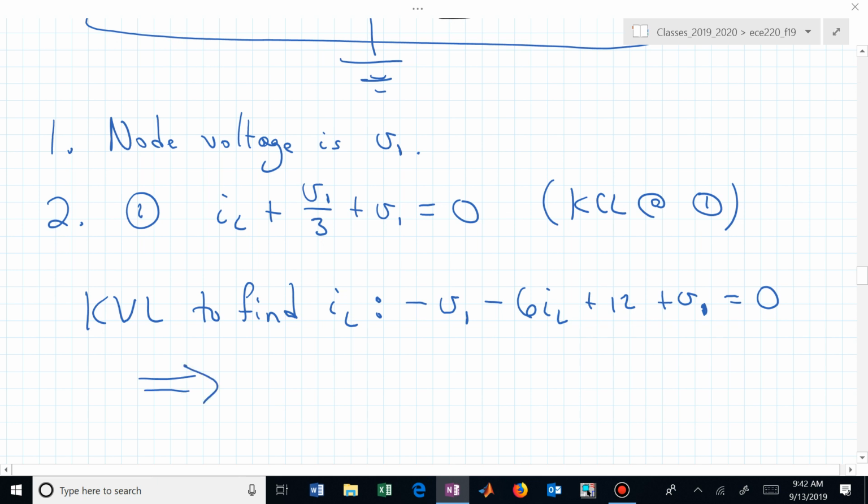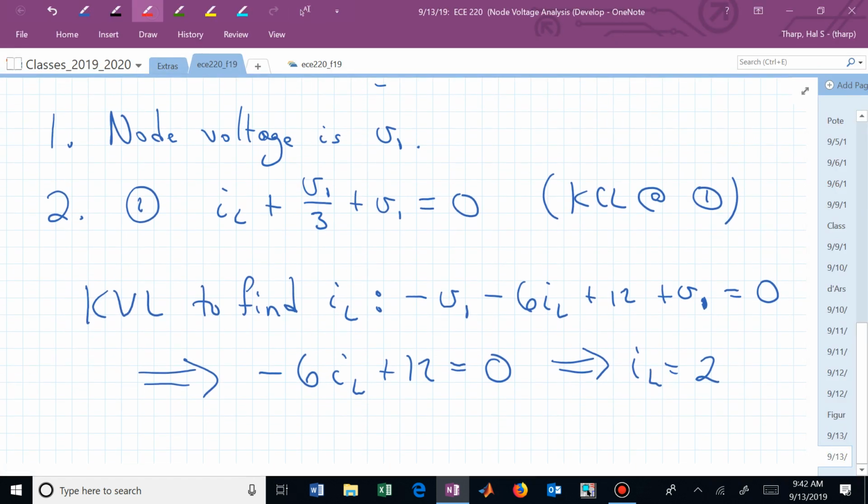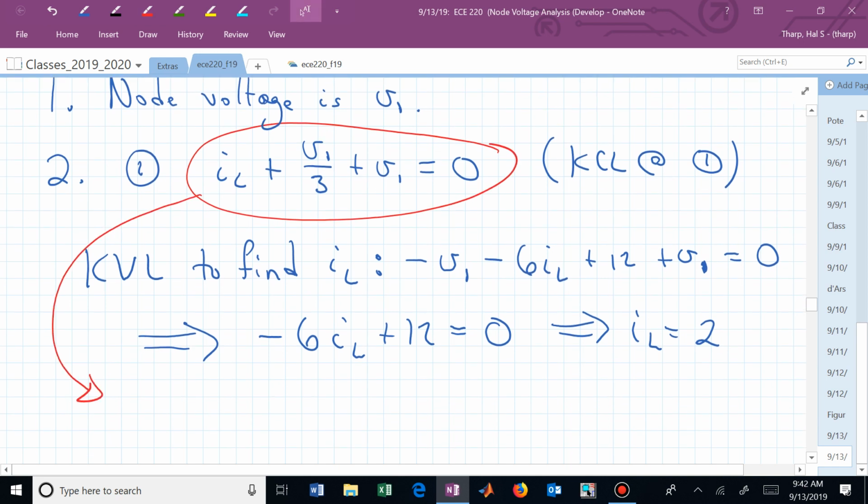This leads to minus 6 I sub L plus 12 is equal to 0, or I sub L is equal to 2. If I sub L is equal to 2, do you see that now can be used in this equation to allow us to solve for V1? Question?